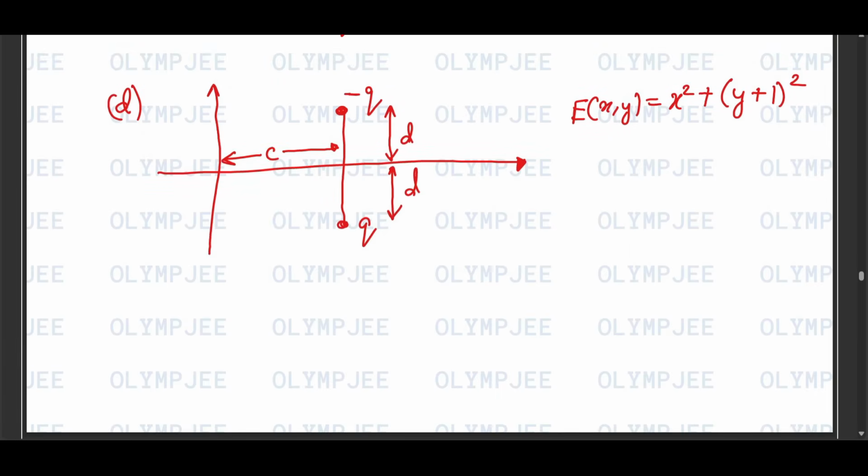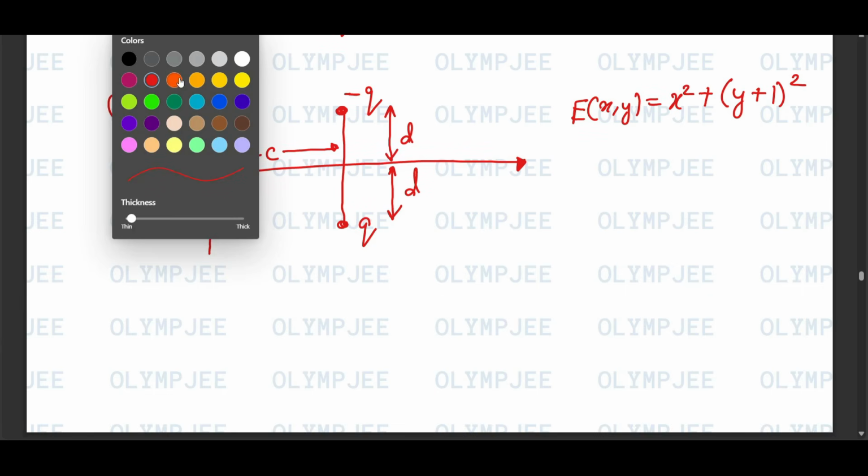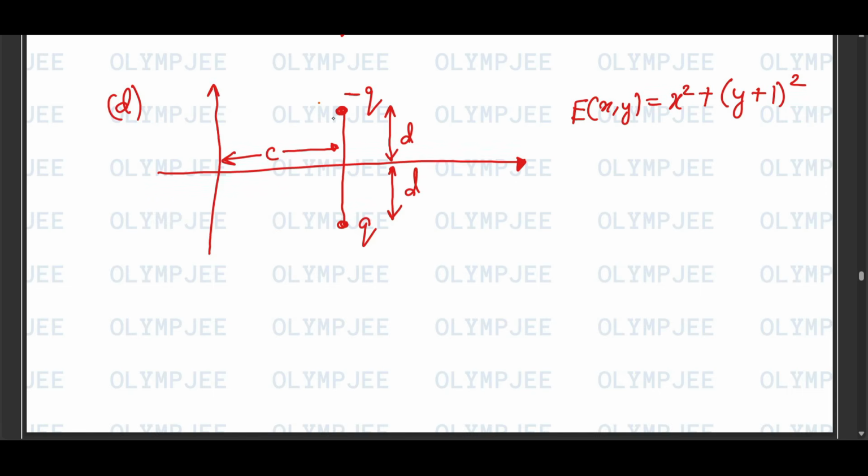So the force on minus q will be minus q multiplied by c square plus d plus 1 whole square, and on q it will be q multiplied by c square plus minus d plus 1 whole square.